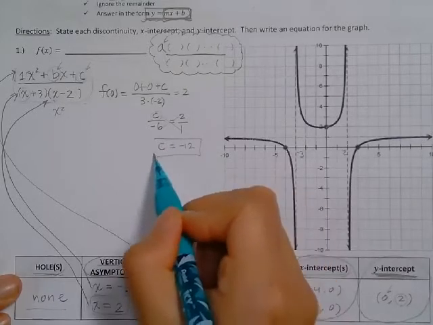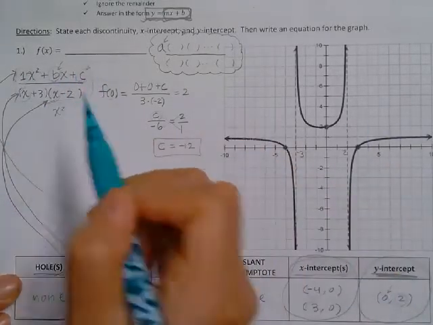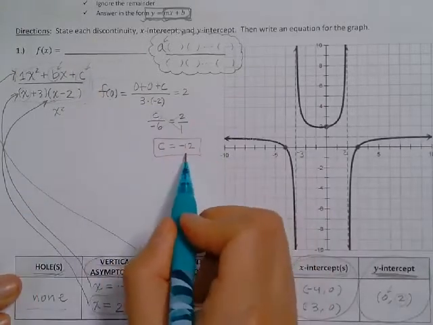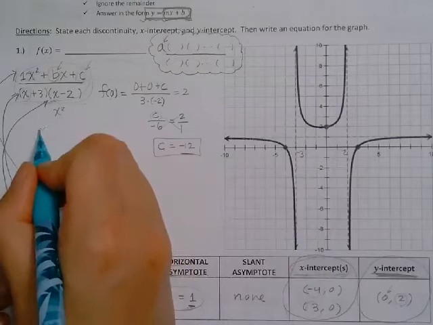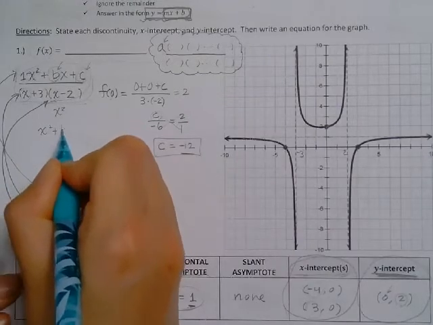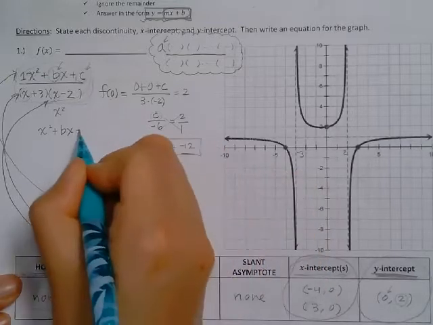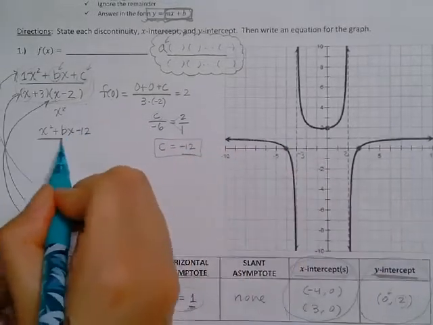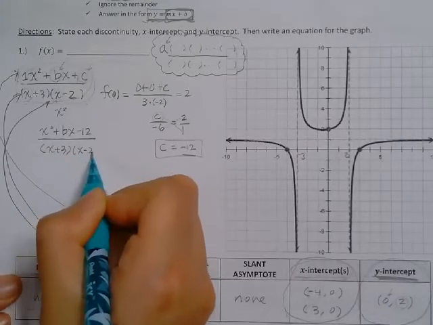So c is negative 12, and we can rewrite this expression with the c value we just found. It's going to be x squared plus bx, since we still don't know b, and instead of c, I write negative 12 there, over x plus 3 and x minus 2.